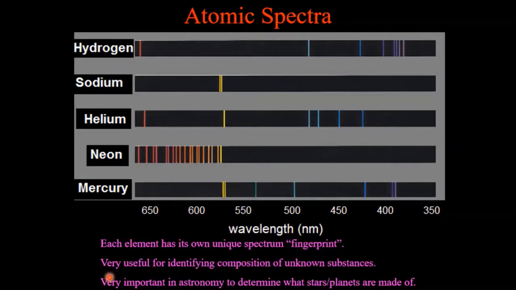We can tell what elements are in that star and in what fraction: what fraction of the star is hydrogen, what fraction is helium, how much oxygen and magnesium the star is made of. So spectroscopy is a very powerful analytical technique that is used in many different branches of science.